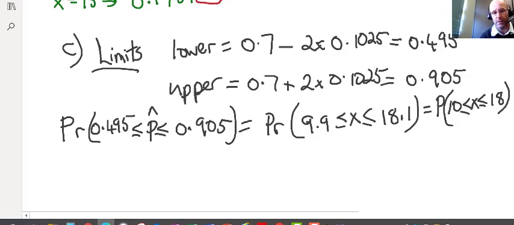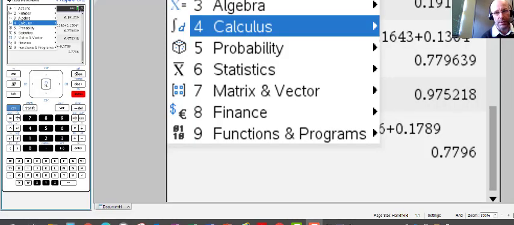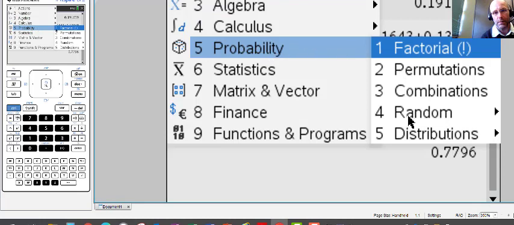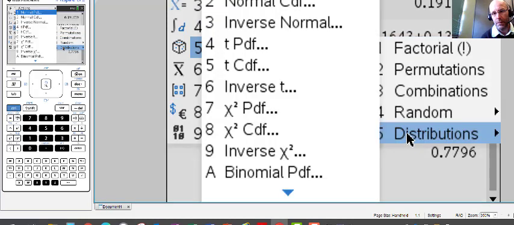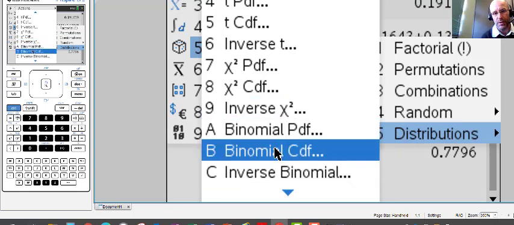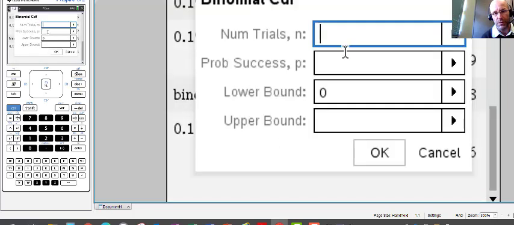Now here's the tech active part. What we want is binomCDF, at least on a TI-Nspire, which we've seen many times before. CDF, because we want a bunch of values.